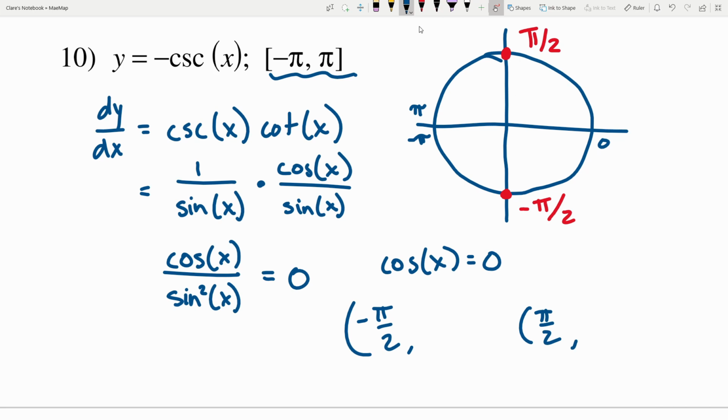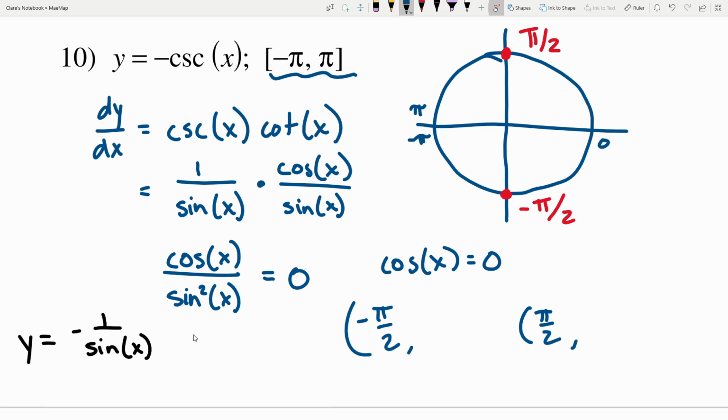But remember, we need to see those y values as well. y equals negative cosecant of x, and remember, a different way we could write that is negative 1 over sine of x. So I'm going to plug in pi over 2 and negative pi over 2 for x.